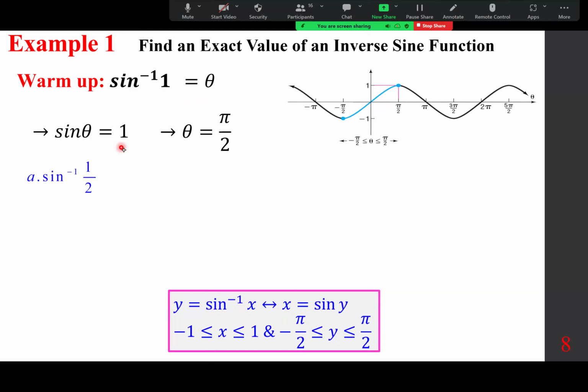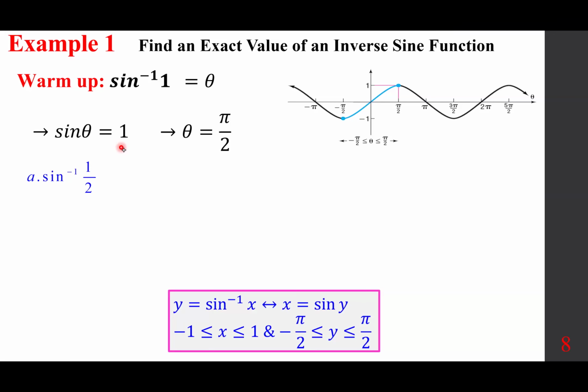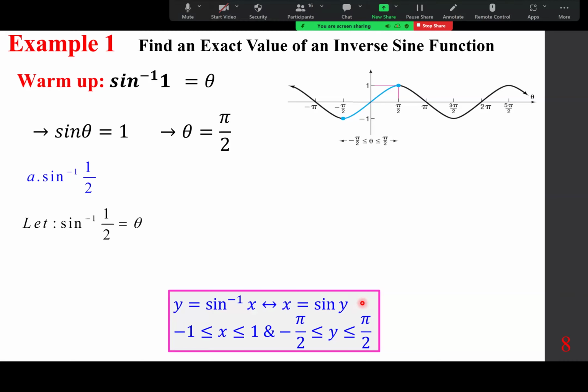Sine inverse of 1/2, we let it equal alpha, beta, gamma, theta, doesn't matter. By definition, therefore, sine of theta is 1/2. That's a common arc, theta equals pi over 6.